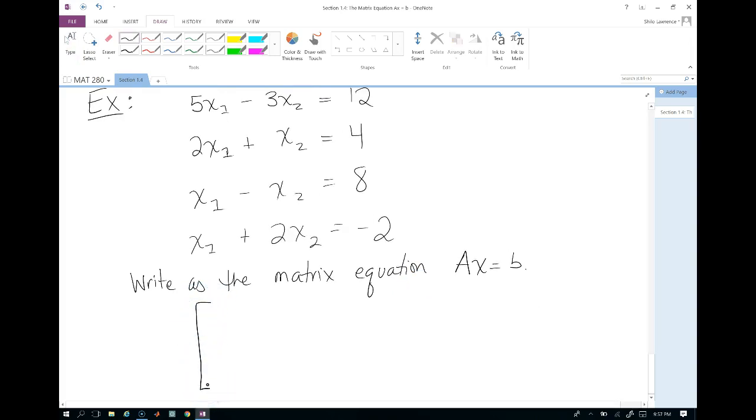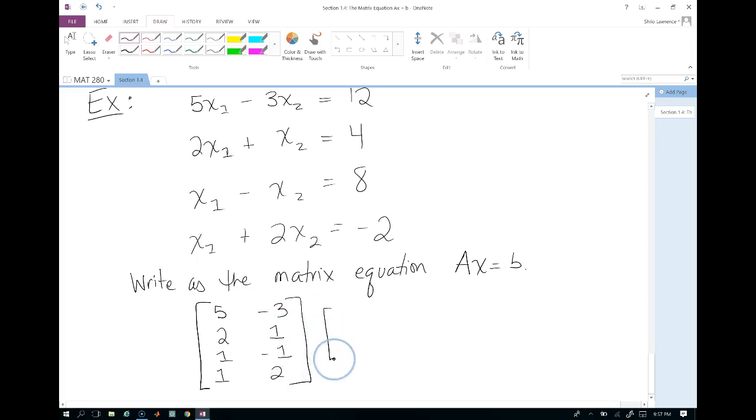So if you look at the coefficients we have, and we keep them in the exact same order they're written because the system is already in standard form. We've already got all the x1s lined up, all the x2s lined up, all the variables are on the left, all the constants are on the right. So we've got 5, -3, 2, 1, 1, -1, 1, 2. Those are all of our coefficients for x1, x2.